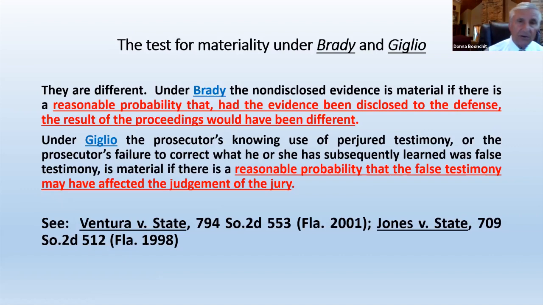Under Giglio, the prosecutor's knowing use of perjured testimony or failure to correct what he or she has subsequently learned was false testimony is material if there is a reasonable probability that the false testimony may have affected the judgment of the jury. So you can see the difference in materiality and what is required for a Brady and a Giglio violation.